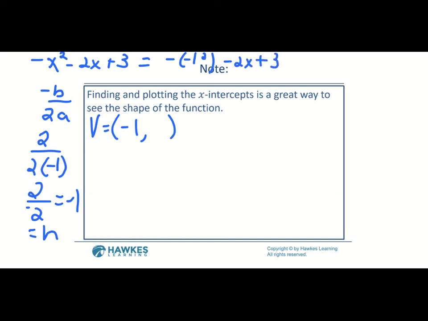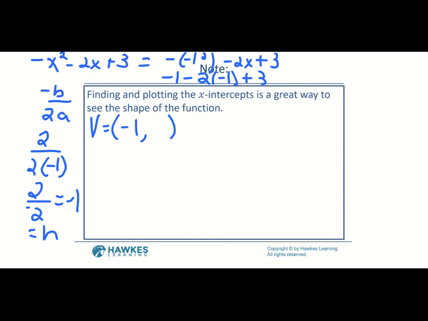So when I do the math, if I square negative 1, I get 1. But then the opposite of that is going to make my answer negative 1.